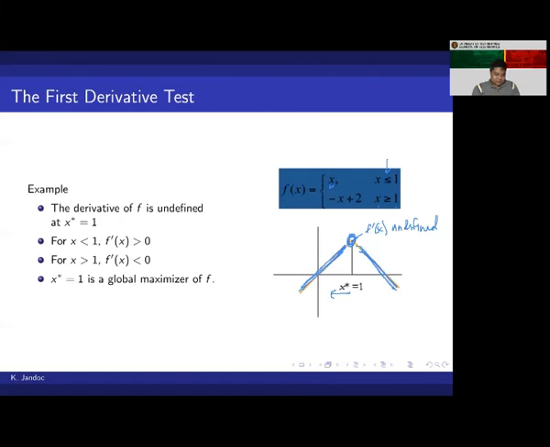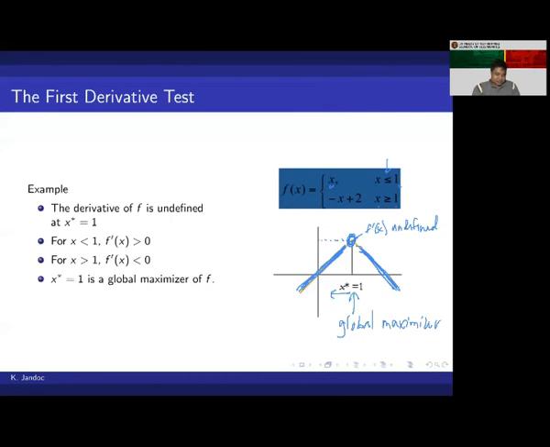So the function here is increasing to the left of 1, and the function is decreasing to the right of 1. Therefore, at that point x star equals 1, the value of the function is at its highest. So x star equals 1 is a global maximizer, because we're defining it over the whole domain, which is essentially from negative infinity to positive infinity.